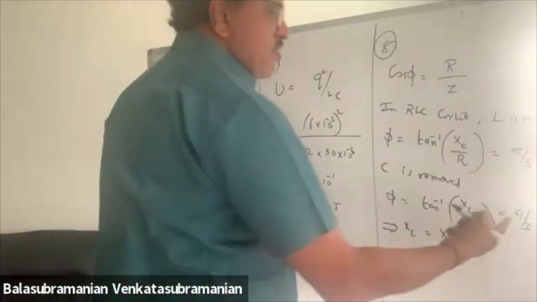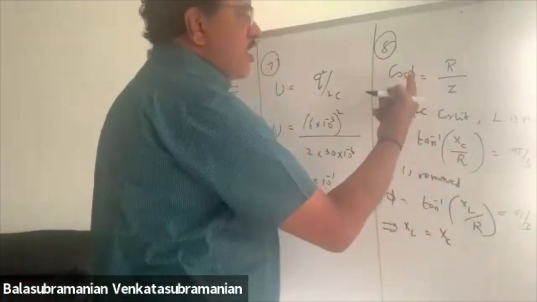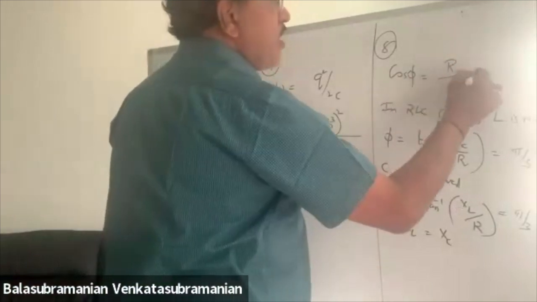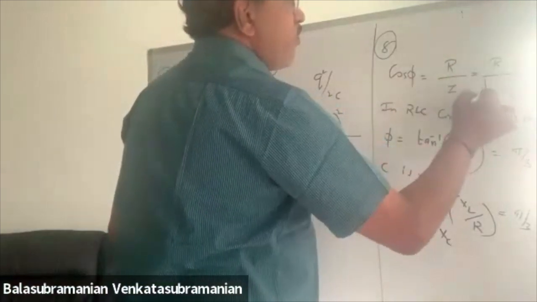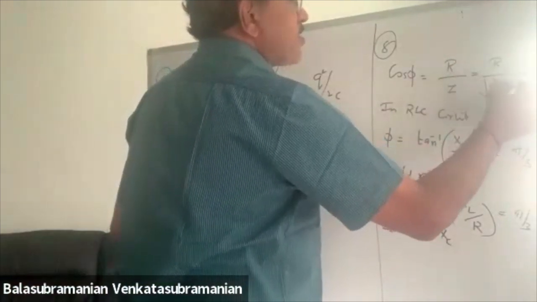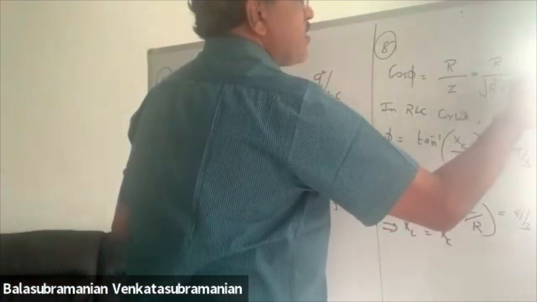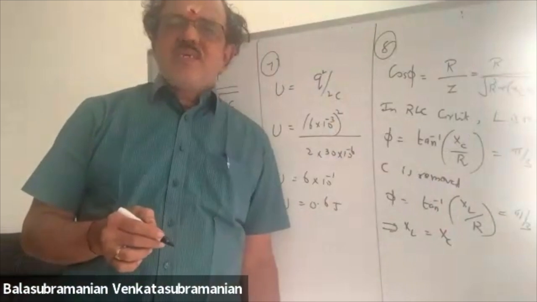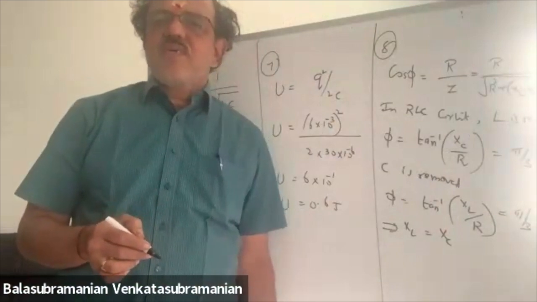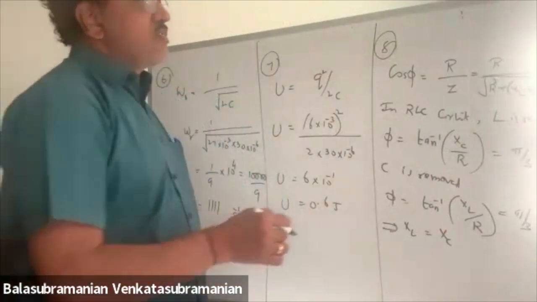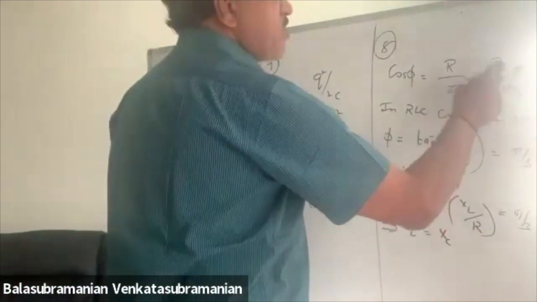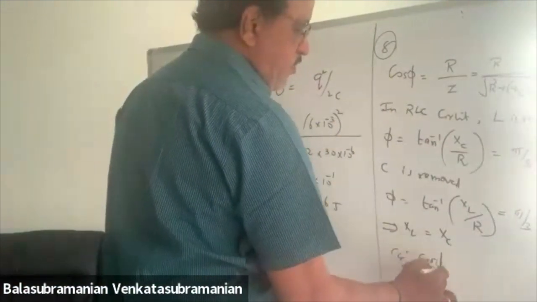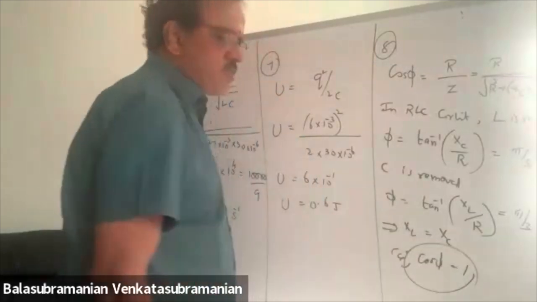This is 60 degree. So cos phi will be, XL is equal to XC, R by root of R square plus XL minus XC the whole square is the formula. XL minus XC the whole square, this is 0. Both are equal. So R by R. So cos phi is equal to 1. So power factor is 1 in this case.